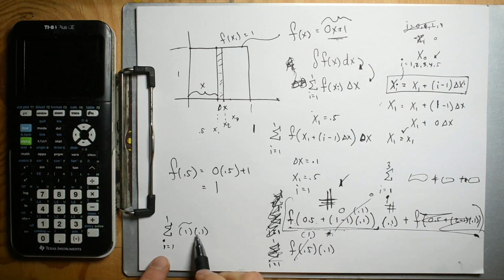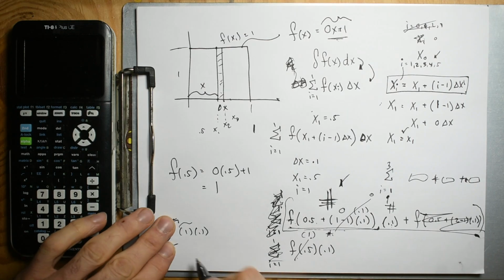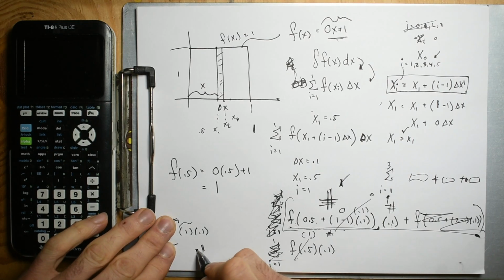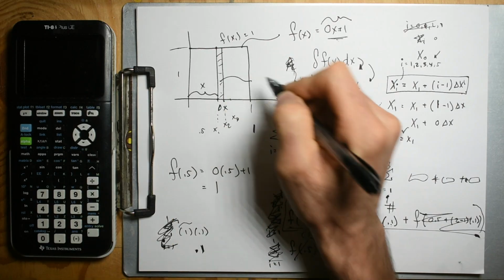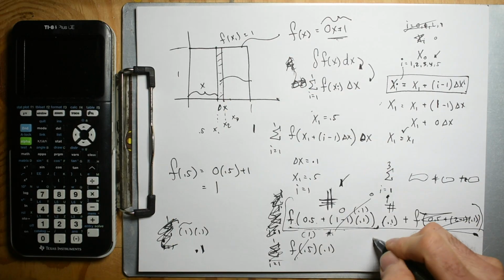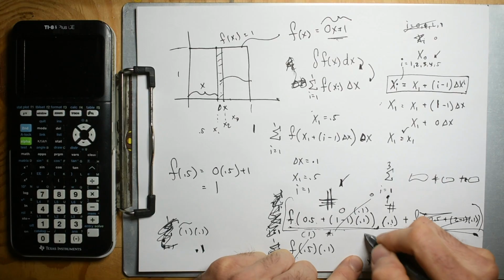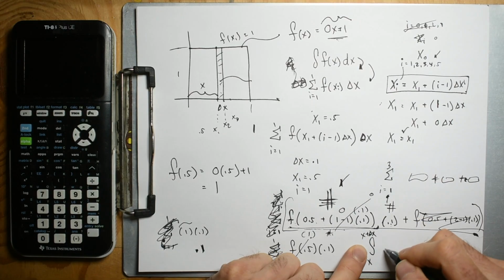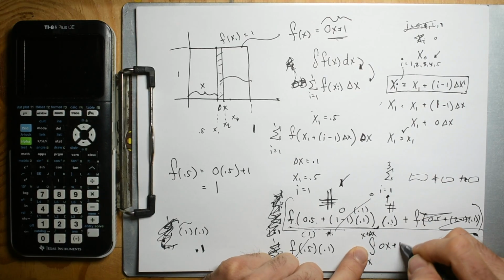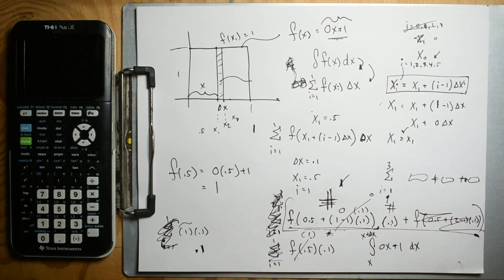And that single number is just 0.1, and we're done. So that's the equivalent of integrating from x to x plus change in x of our function 0x plus 1 dx.